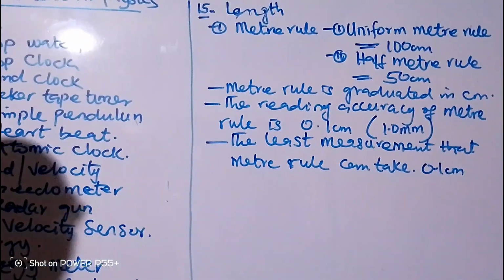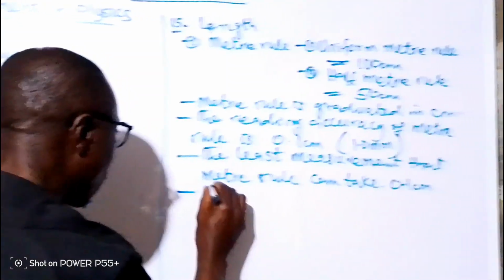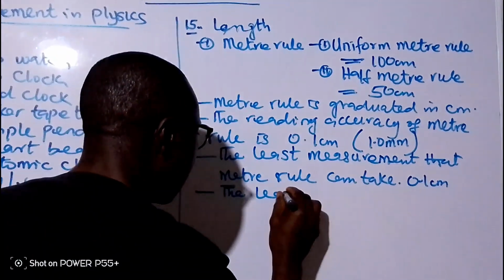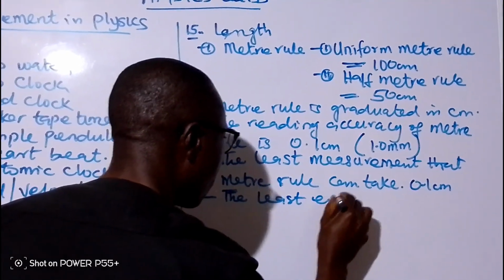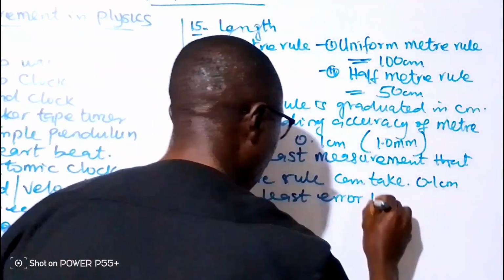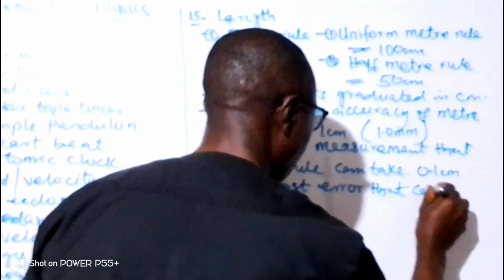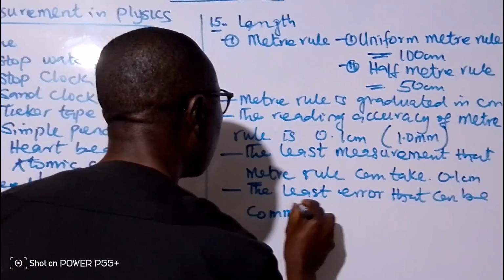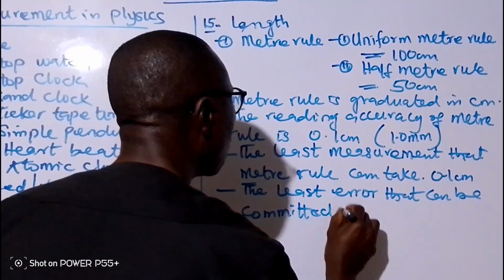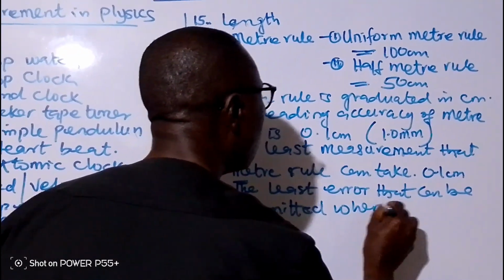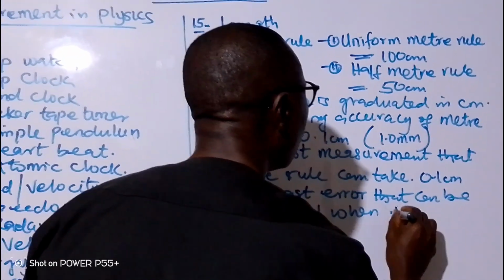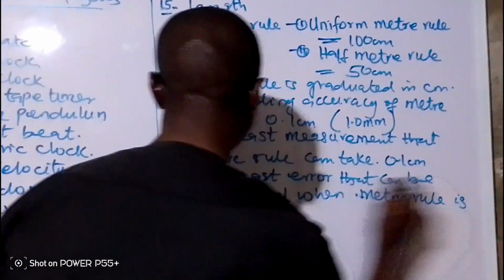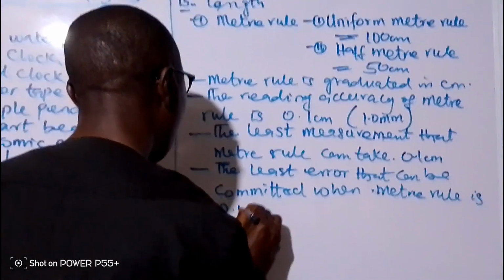Or in another way, you call it the least error that can be committed when using meter rule, which is 0.1 centimeter.